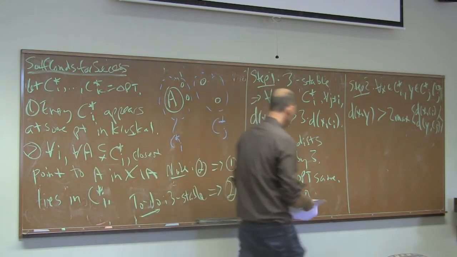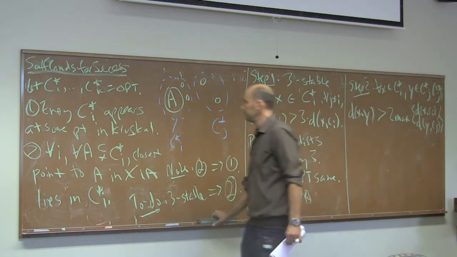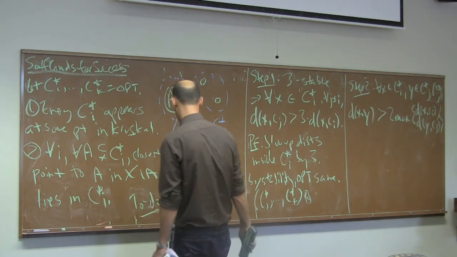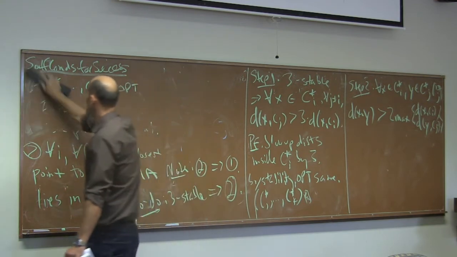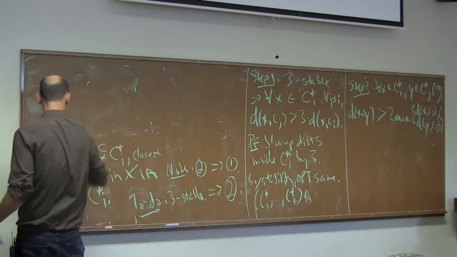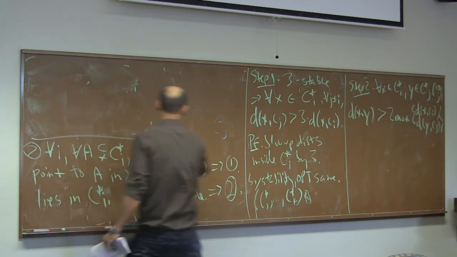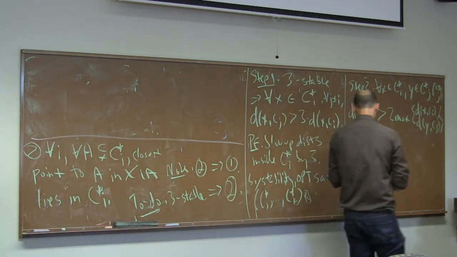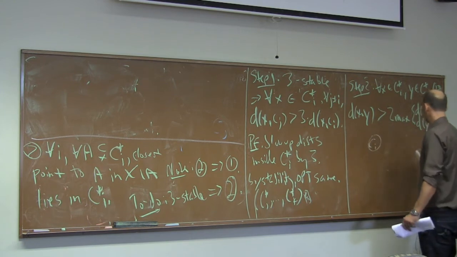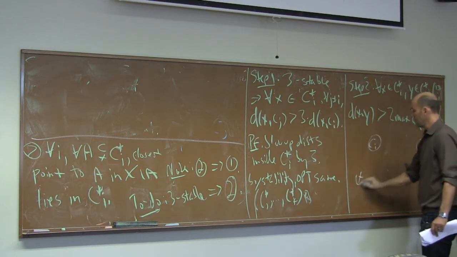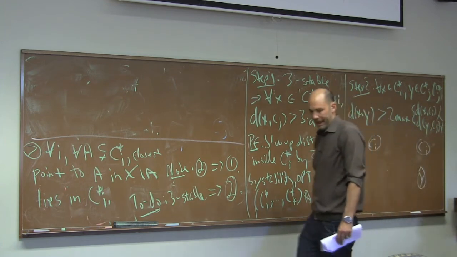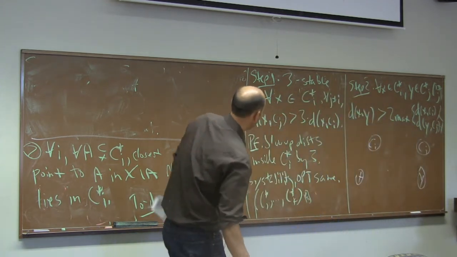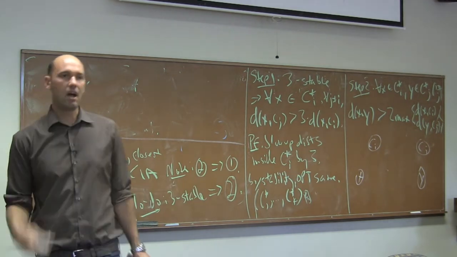Okay, why is it true? We're going to look at the following picture. Remember, x is in i's cluster, y is in j's cluster. What do we inherit from step 1? Step 1 says you're far from a center that's not your own.